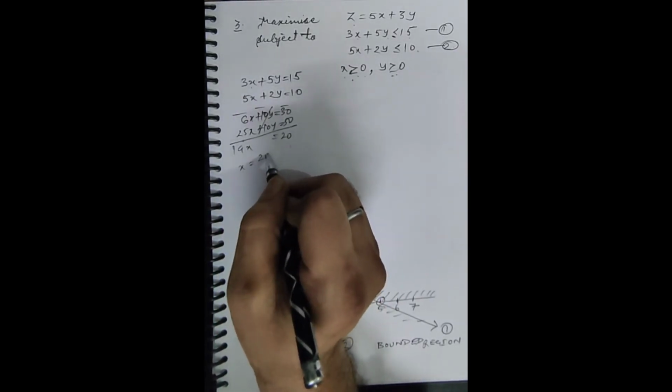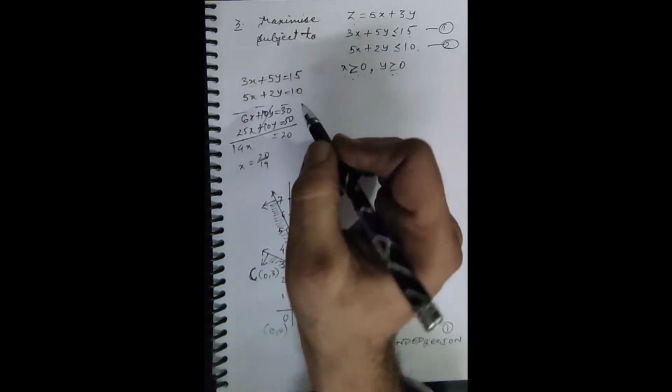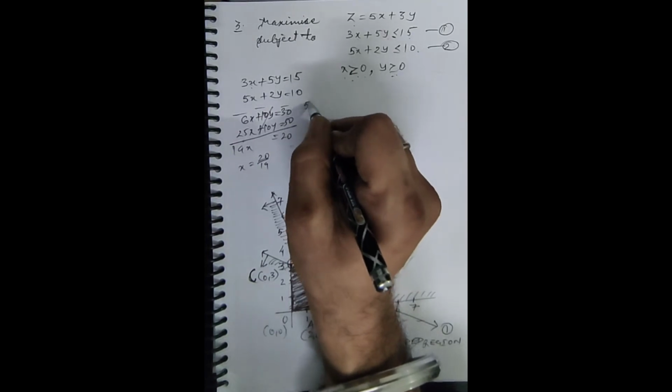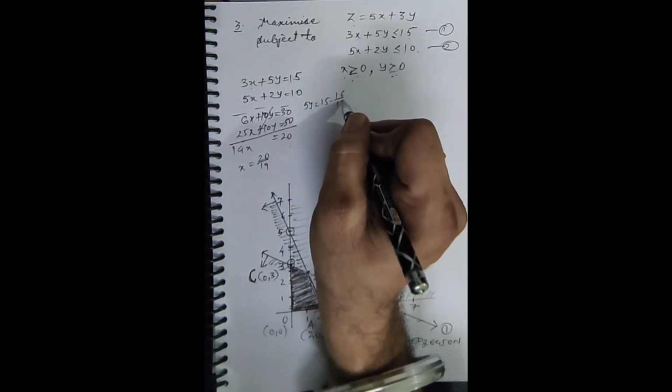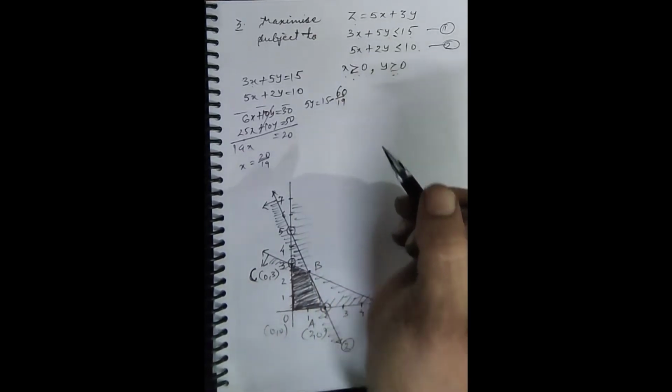We get x equal to 20 by 19. Now substituting in equation number 1, 20 by 19 gives us 60 by 19. 5y is equal to 15 minus 60 by 19, this way. Let me solve, then I will tell you.